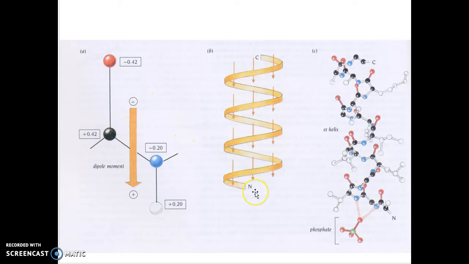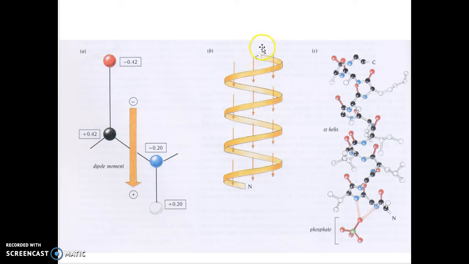In a real alpha helix, the dipole moments are arranged in the same direction, so the orientation leads to an increase of the dipole moment, and the N terminal has a strong positive charge and the C terminal a negative charge.